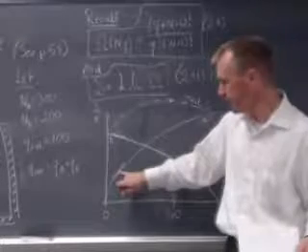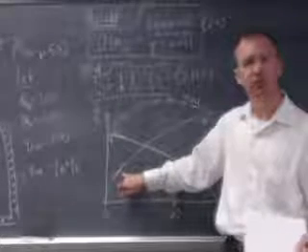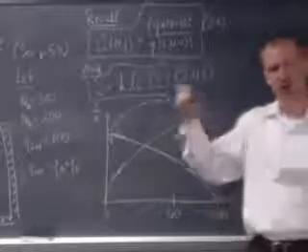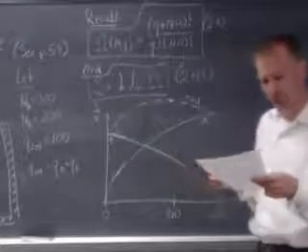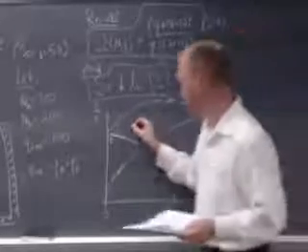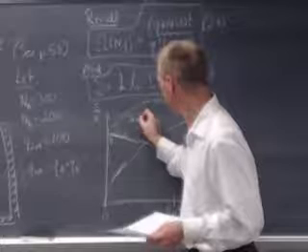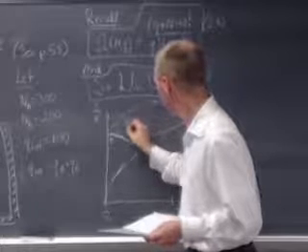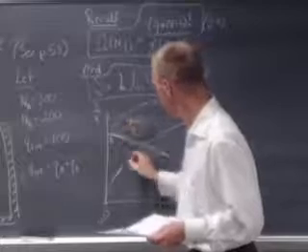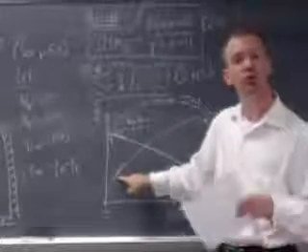Down here, A has very little energy, but it has a very steep slope. Its temperature is low, the slope of entropy versus energy is steep. So a shallow slope corresponds to a high temperature. A steep slope corresponds to a low temperature.